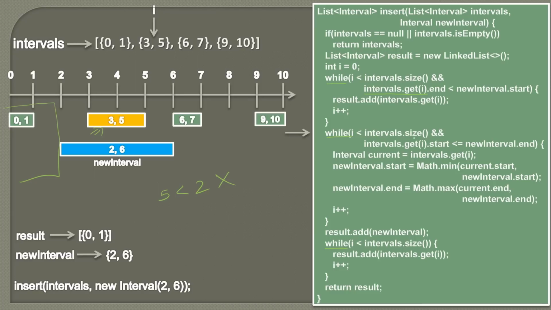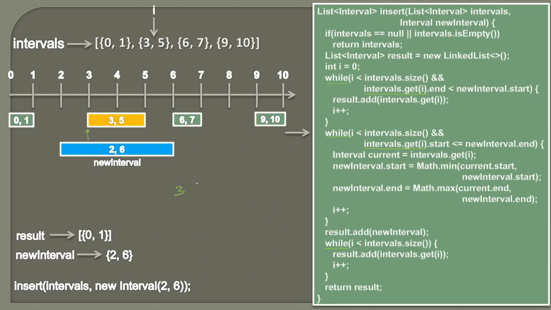I is less than intervals.size. Now here we actually check for the second region, that whether 3, 5 is overlapping with 2, 6 or not. And we already discussed how we can do that: intervals.get I, which is this interval. We simply check its start time, which is 3. We check whether it is less than or equal to new interval.end.